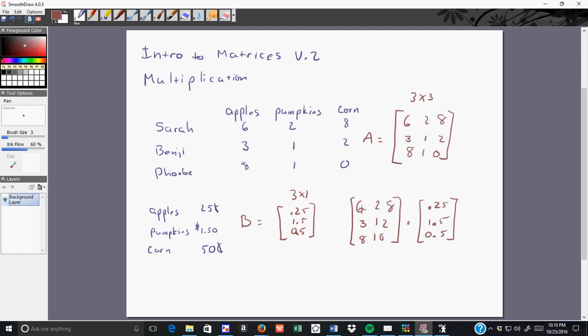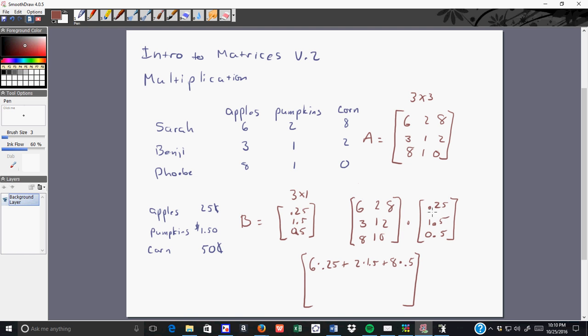And it works like this. You take the 6 and you multiply it with the 0.25. Plus, you take the 2 and you multiply it with the 1.5. And then I take the 8 and I multiply it with the 0.5.